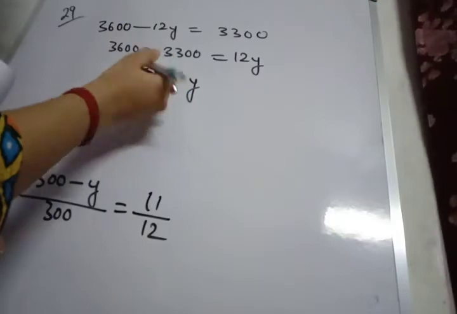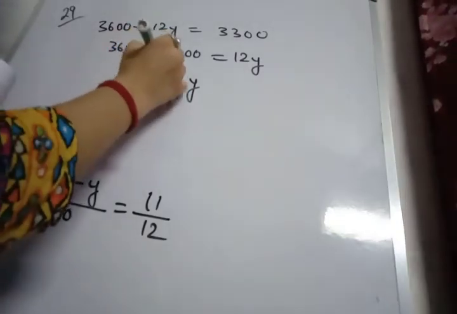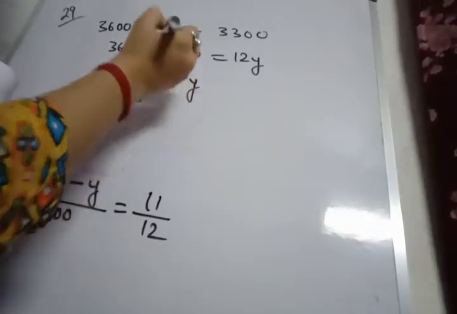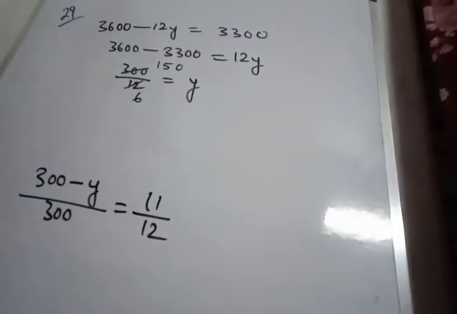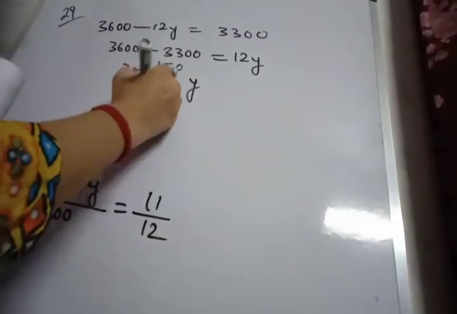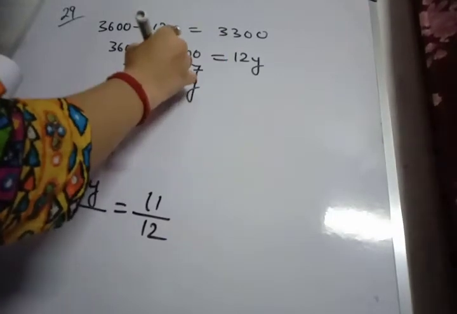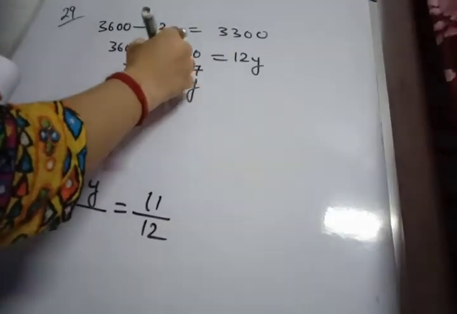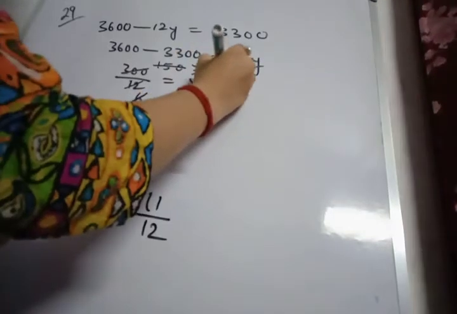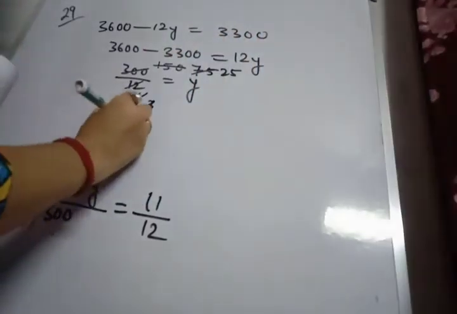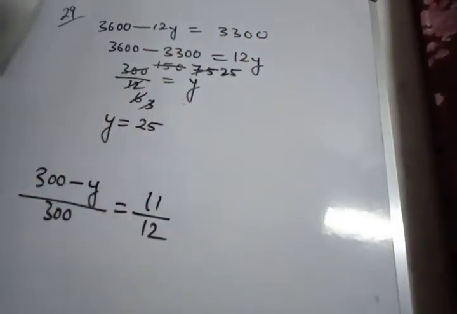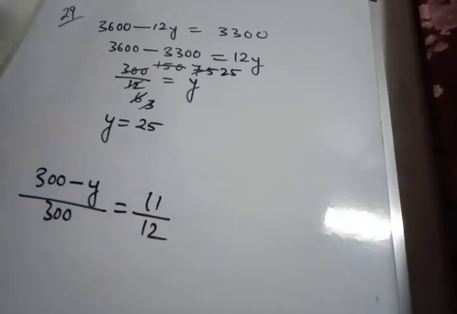So 2 6s are 12, 2 15s are 30, and so on. So y equals 25. That means the boys who left the school is equal to 25.